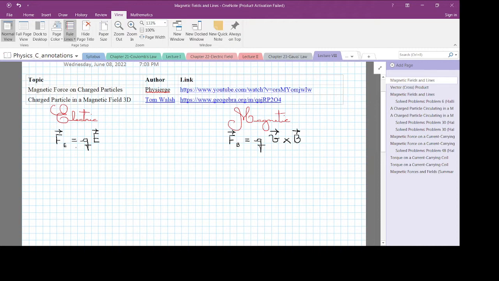First of all, when you're analyzing the electric field, one main characteristic is that this charge here is static. It's not moving, and you're analyzing the force that is generated around it.